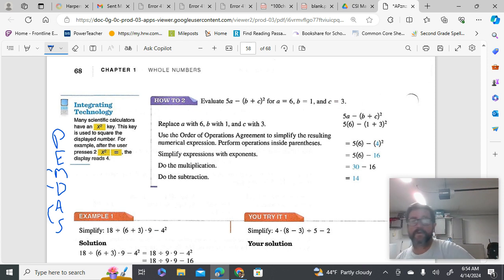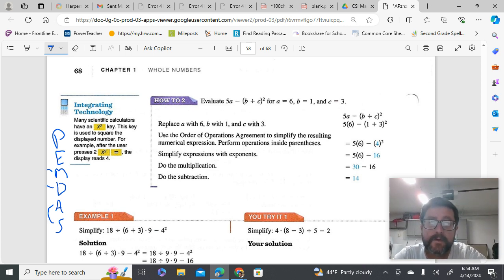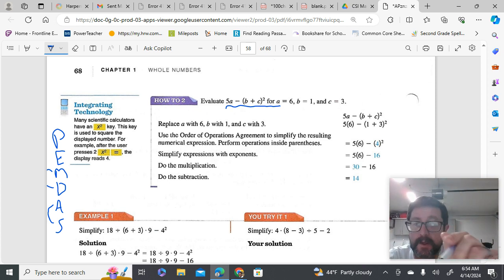So next we're going on to the current one that we have up. So it says evaluate 5a, I'm reading this right here, evaluate 5a minus b plus parentheses b plus c in parentheses squared, or to the power of 2.